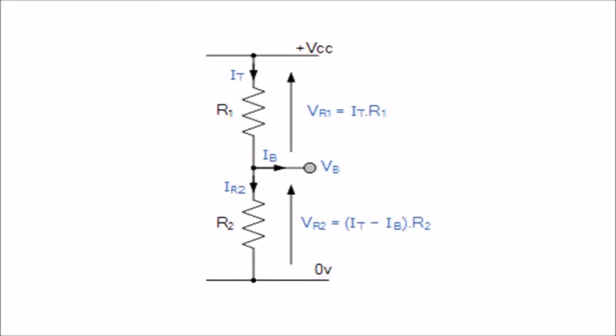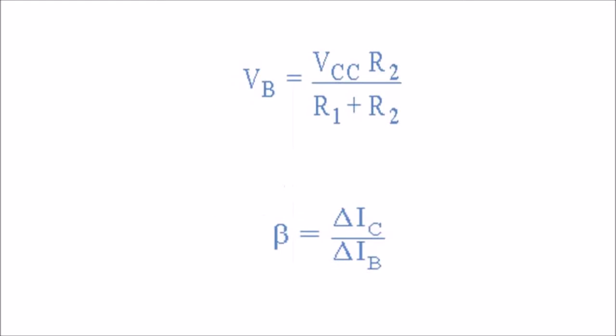The voltage level generated at the junction of the resistors R1 and R2 holds the base voltage constant at a value below the supply voltage. This bias reference voltage can easily be calculated using the simple voltage divider formula, that is VB equals VCC times R2 divided by R1 plus R2.